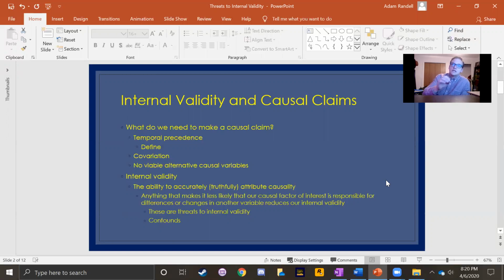All right. So internal validity is your ability to truthfully say that your IV is causing your DV, that your predictor is causing a change in your outcome variable. All right, that's internal validity.